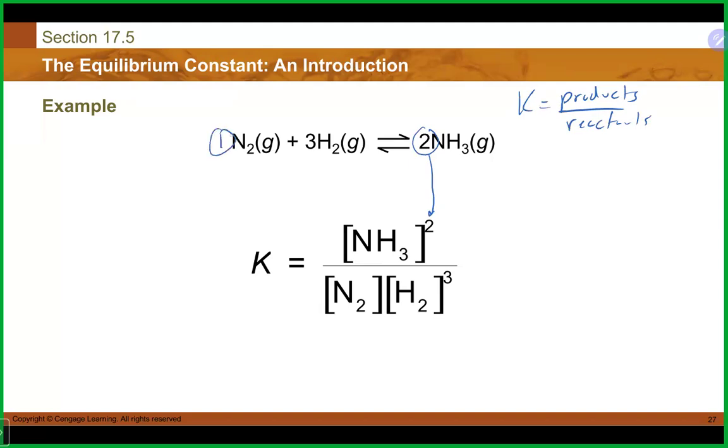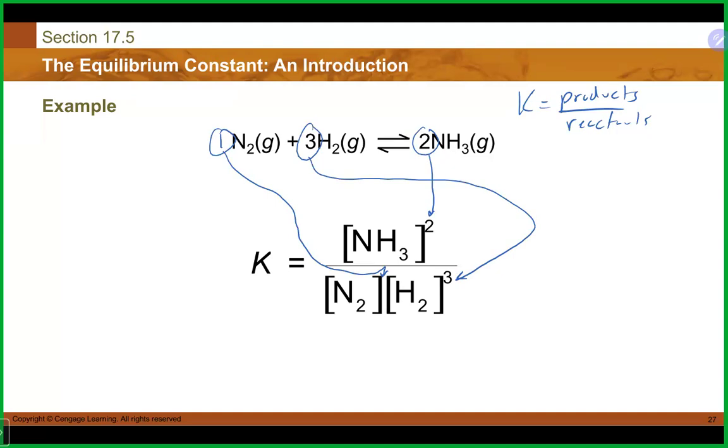By the way, the coefficient here is 1, which is why you don't see anything written there. And the coefficient here is 3, so divided by the concentration of H2 cubed. In order to put numbers into an equilibrium expression, they have to be equilibrium concentrations or equilibrium pressures to actually get a number.